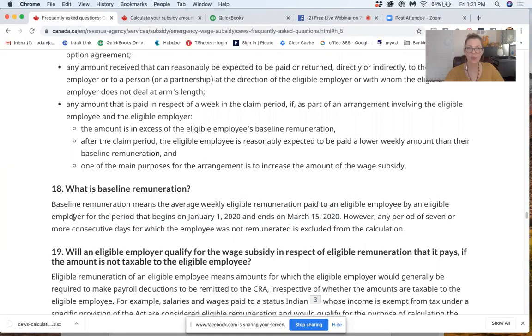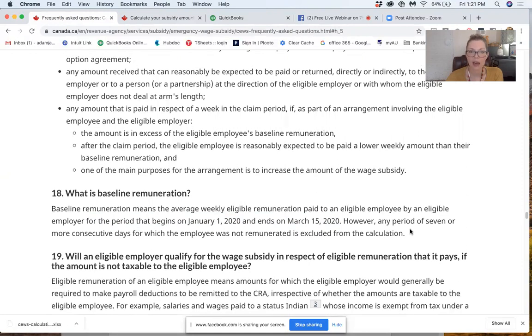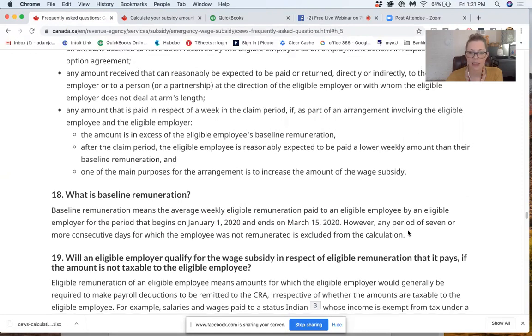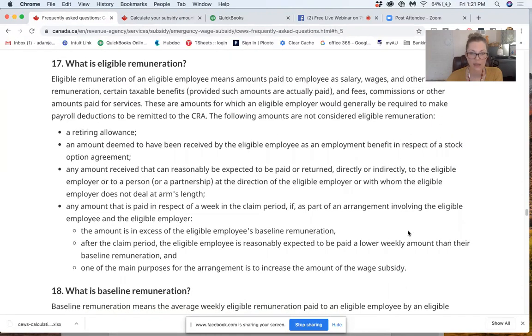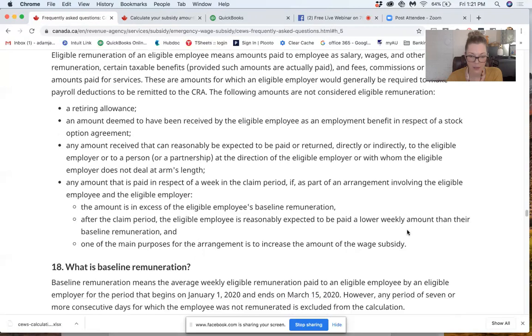This is the point that was really tripping up a lot of accountants and bookkeepers, because the wording that we have here is really not clear about how it actually applies, and how to calculate it in a real life example. So I'll show you what I mean here.